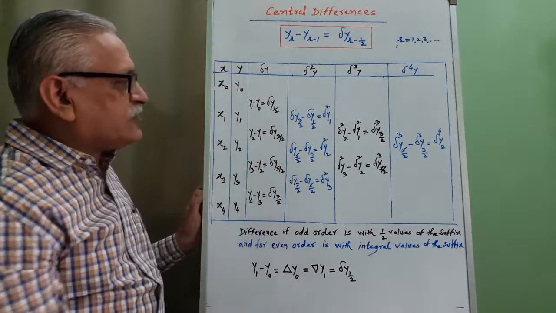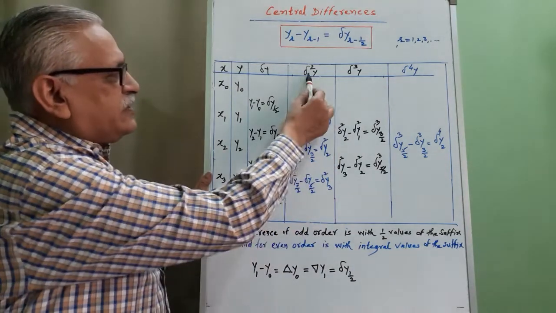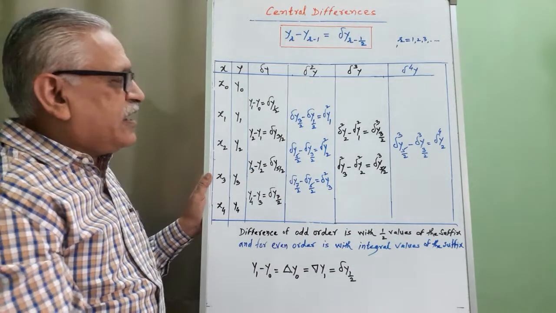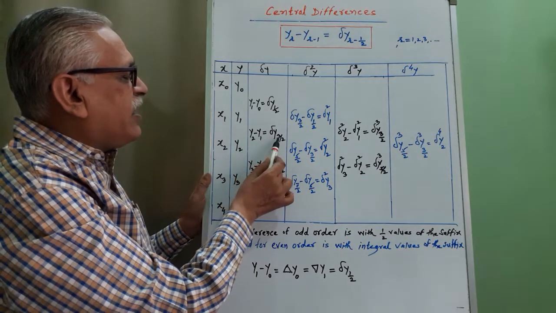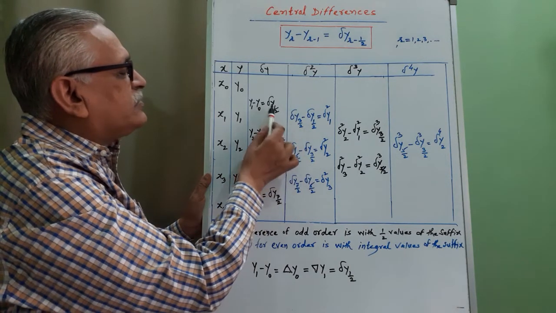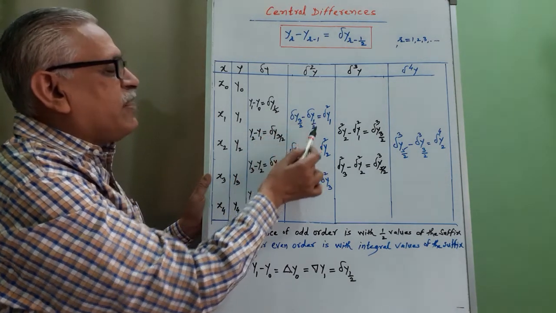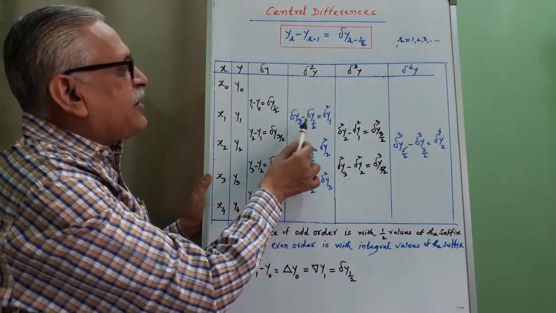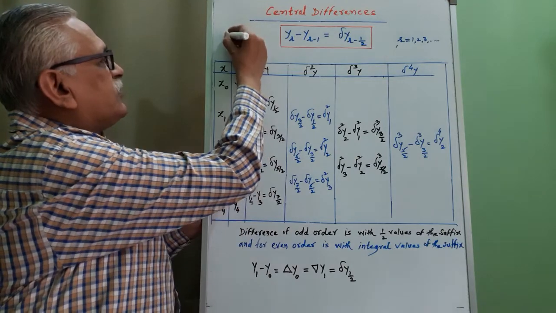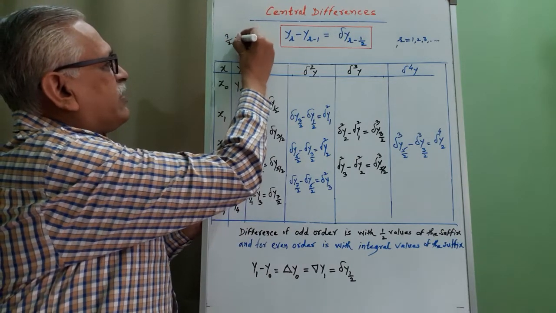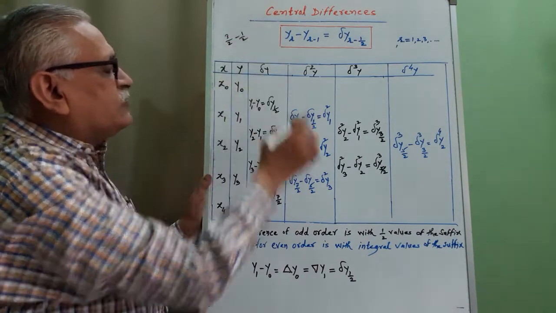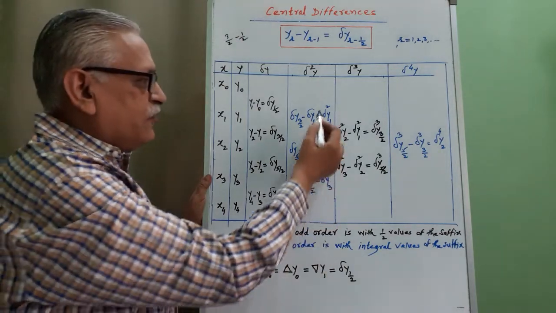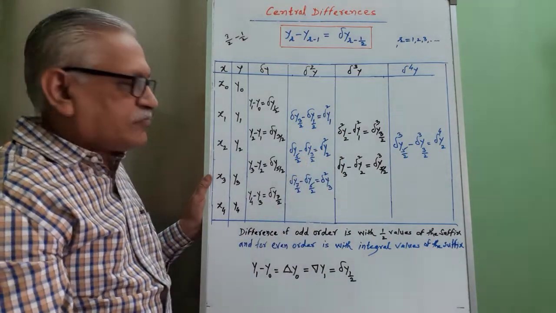If we take the differences of these first order differences, we get second order differences. Delta y 3 by 2 minus delta y 1 by 2 is del square y with suffix 3 by 2 minus 1 by 2. 3 by 2 minus 1 by 2 is 2 by 2, which means 1. Therefore, it is del square y1.